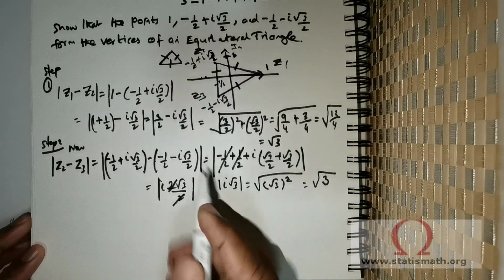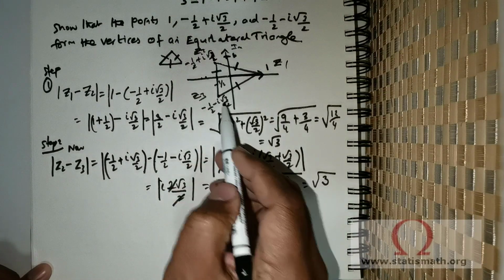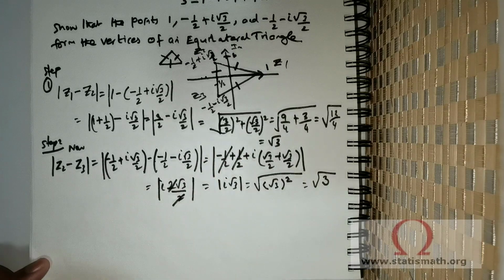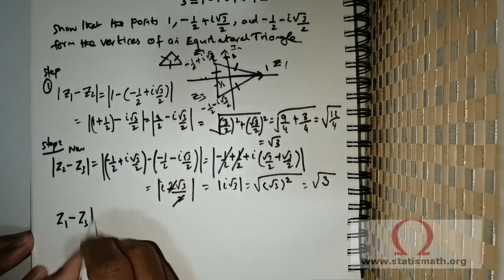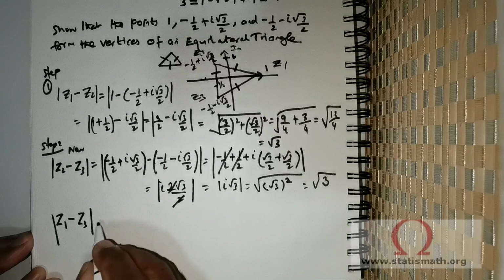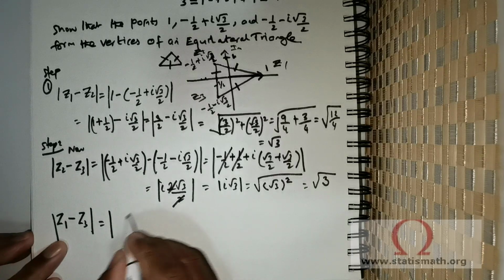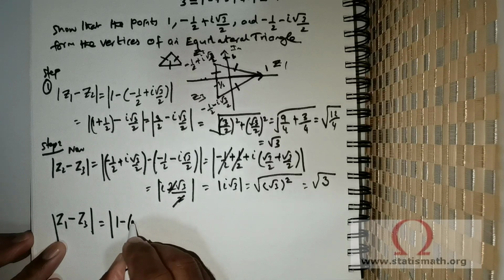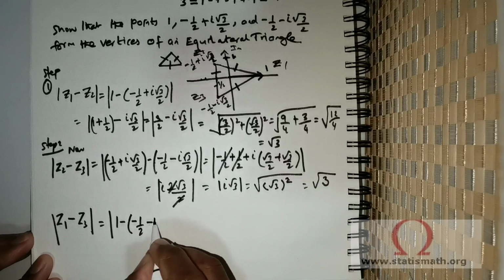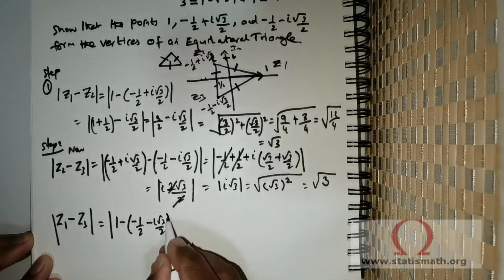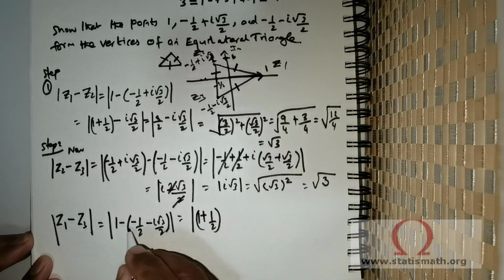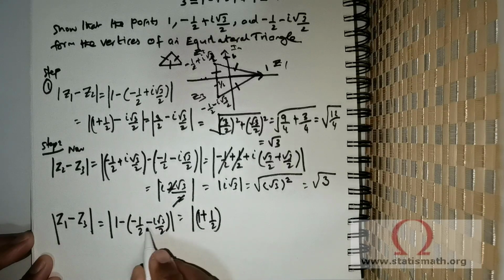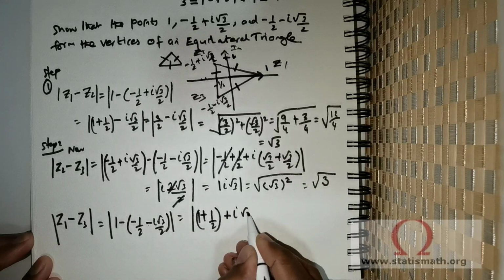Now the final part: I've obtained Z1 minus Z2 and Z2 minus Z3. Now I need to find Z3 minus Z1. So I would just take Z1 minus Z3, it doesn't matter, because we are only finding the distance. So this is the modulus of Z1, which is 1, minus Z3, which is negative 1 over 2 minus i times root 3 over 2, which is equal to 1, negative negative positive, is 1 over 2 there, and negative negative gives positive i times root 3 over 2.